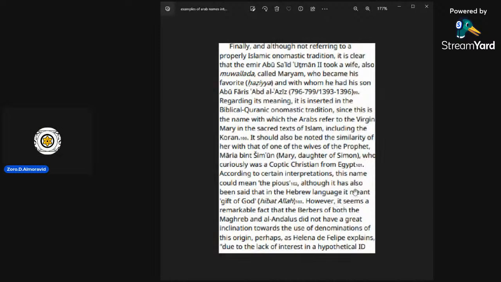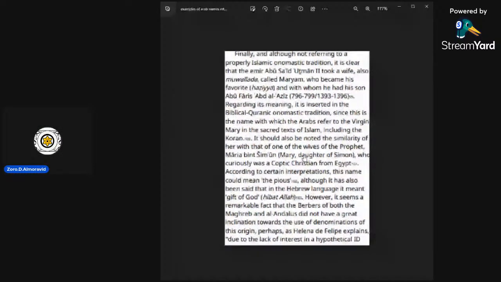The Marinid Sultan also took a wife named Maryam. So as you can see, there were a lot of attempts to introduce biblical and Quranic names into the dynasty to falsely claim Arabic origin. And we're going to get into that soon enough.